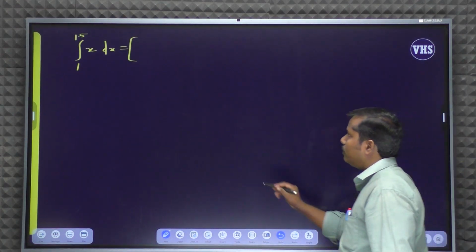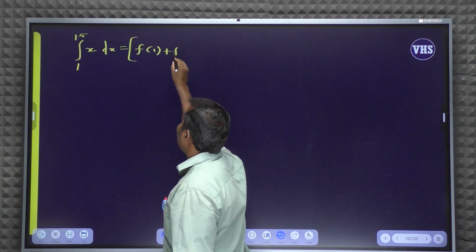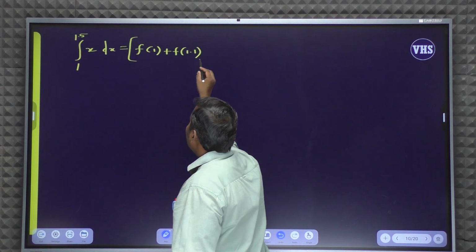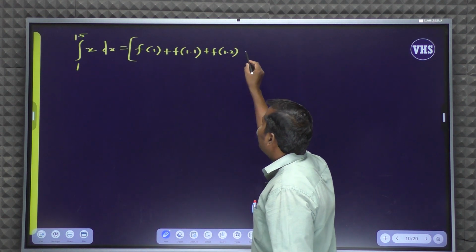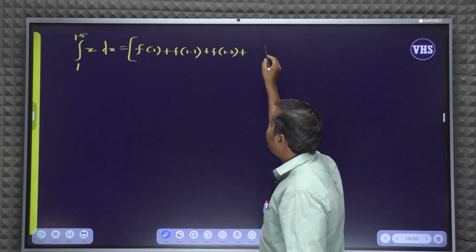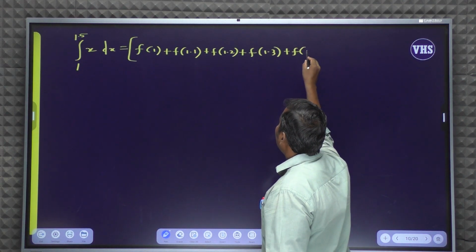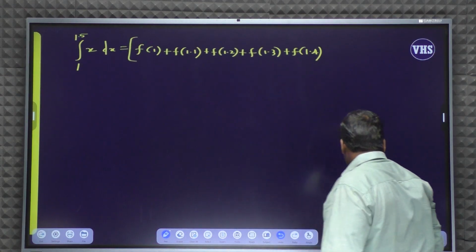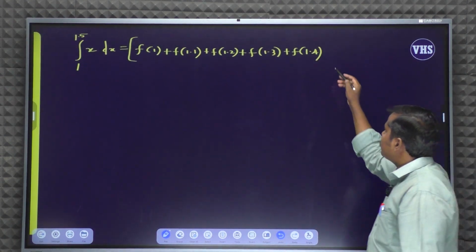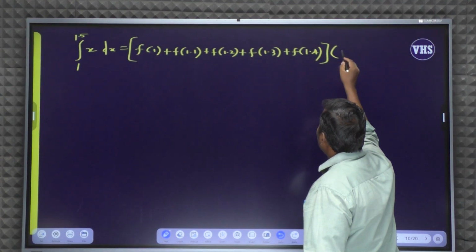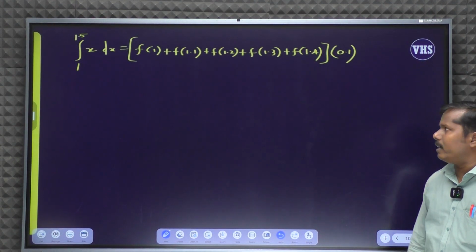So f of 1 plus, what is the next value given there? 1.1. What is the next value? 1.2. The next value is f of 1.3. Next value f of 1.4. Actually 1.5 is the ending value, that should not be taken. So close it into delta x. What is delta x here? 0.1, the width of each class interval.